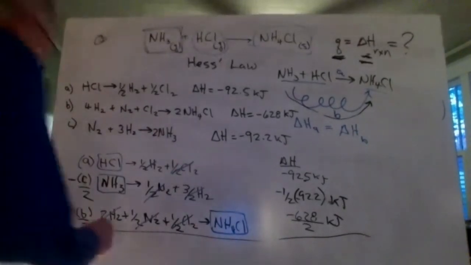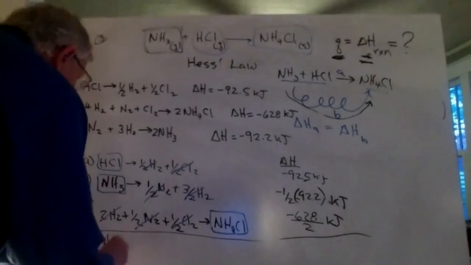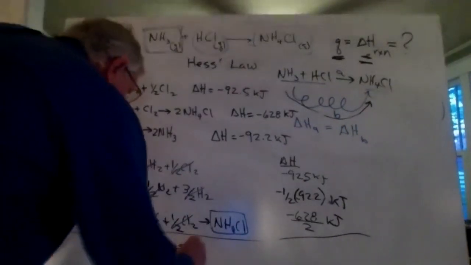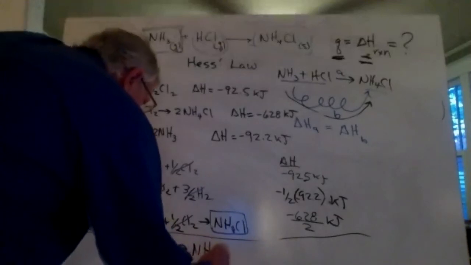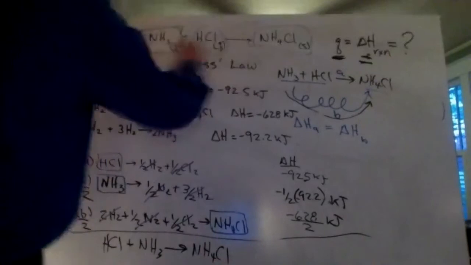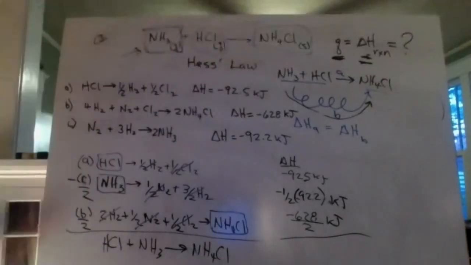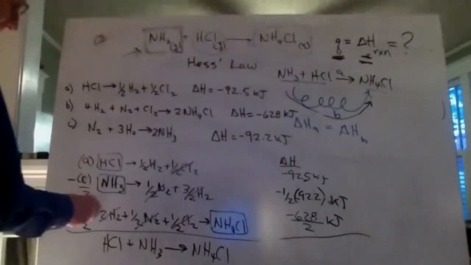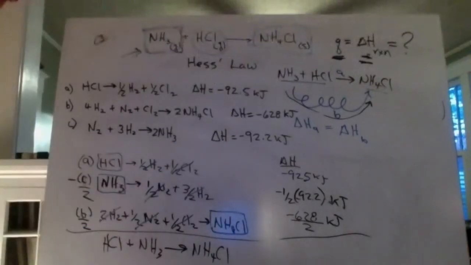So what you're left with is simply HCl plus NH3 gives NH4Cl. And notice that's the same reaction that we have up here. But we've gotten there through a very different pathway by adding these things. Nature does it directly in one step. We've done it through 3 steps of adding up these different reactions.